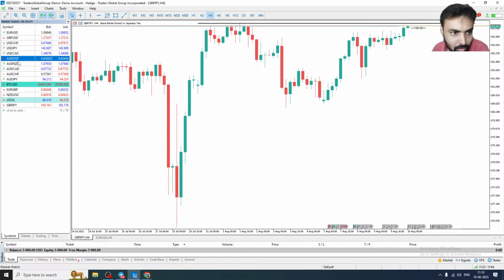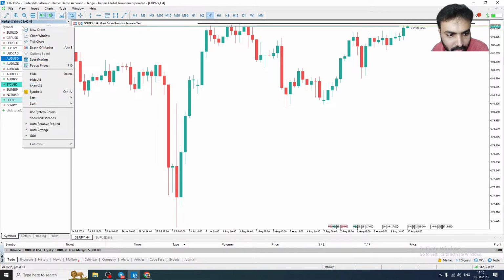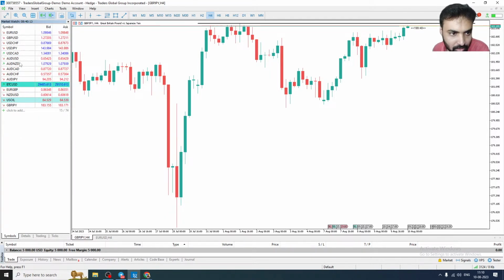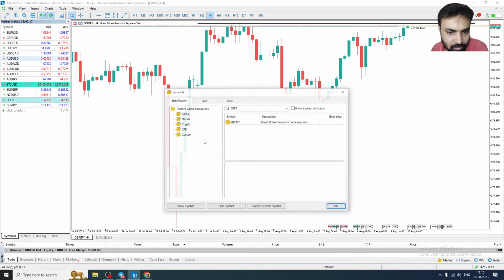Gold is not added. Today morning only I opened this account, so that's the reason nothing is properly arranged. Yesterday evening I opened the account, but today morning only it got activated.